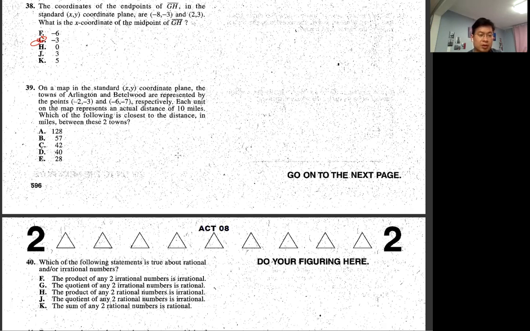On the map and standard coordinate plane, the towns of Arlington and Battlewood are represented by points at the given coordinates. Each unit of the map represents 10 miles. What is the closest distance between the two towns? So you use the distance formula for this and then times 10.